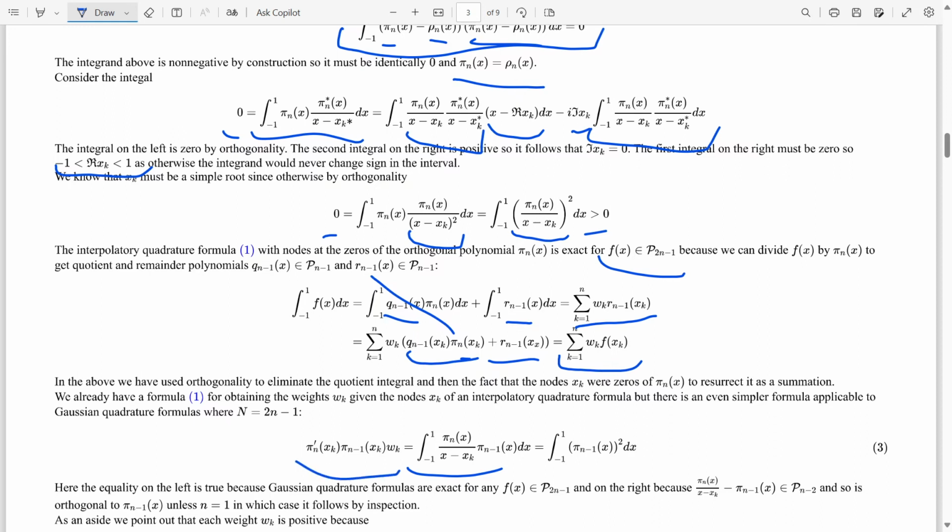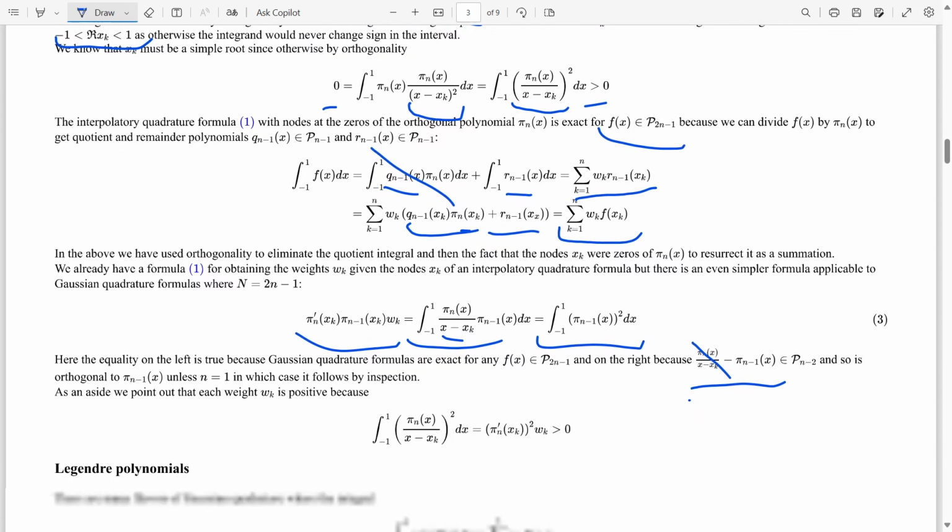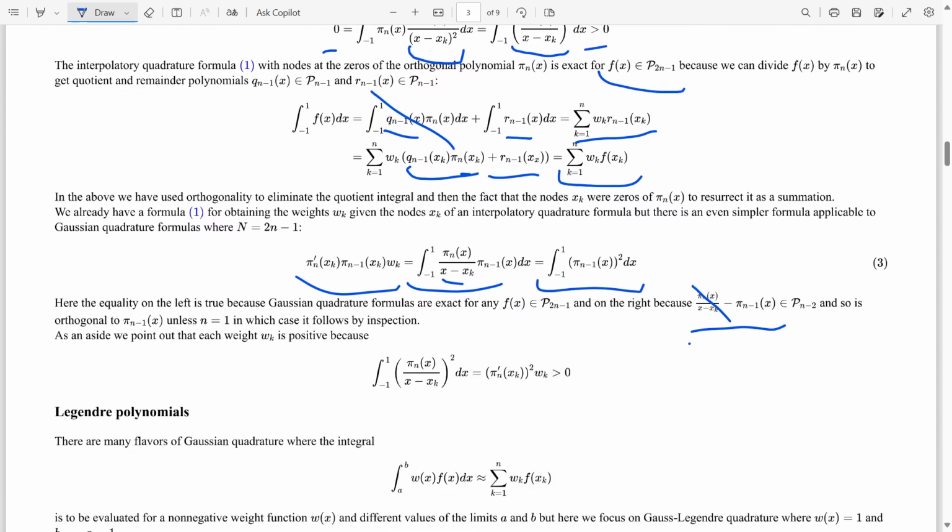On the other hand, we can add and subtract pi n minus 1 of x to pi n of x over x minus xk, and the difference part is orthogonal to pi n minus 1 of x, so all we're left with is pi n minus 1 of x times that pi n minus 1 of x, and that means that the only integral we actually needed to do was the normalization integral for pi n minus 1 of x.